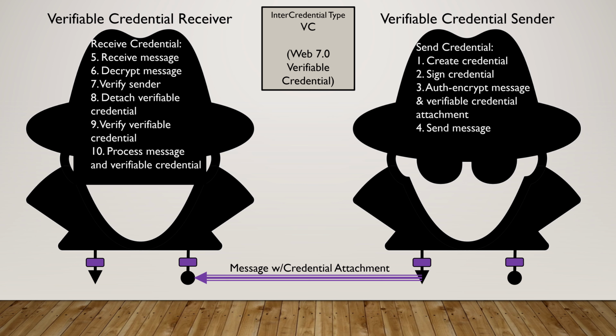Here, the only additional step is step 9, where we verify the verifiable credential, and the rest of the steps are identical to those performed by the raw credential receiver. We also see in the middle there the InterCredential blood type, so VC for verifiable credential.